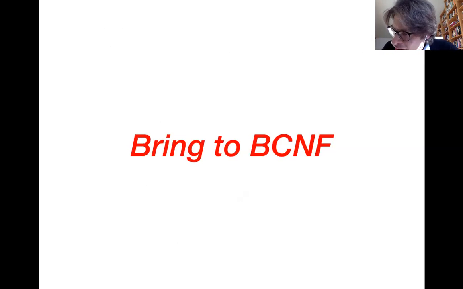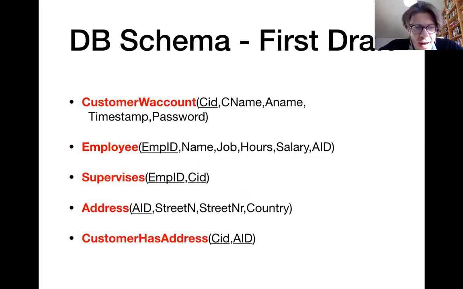So now, last point, let's try to bring that into Boyce-Codd normal form. I give you the schema here. Here you are not given any functional dependencies yet, so you might have to consider the scenario, and you have to verify whether those functional dependencies hold.